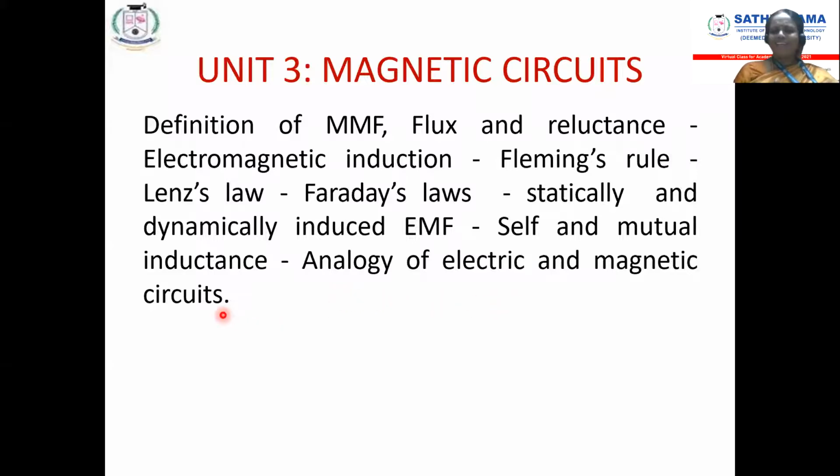I think all these words are somewhat familiar and you have heard them somewhere, but this is our unit 3 syllabus. So these are the technical terms related to magnetic circuits, where we are going to apply the magnetic circuit laws, and how we are going to compare electric and magnetic circuits.